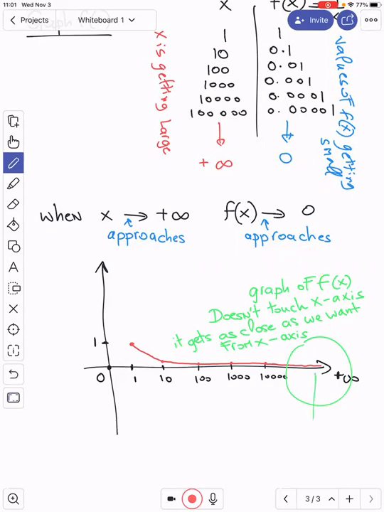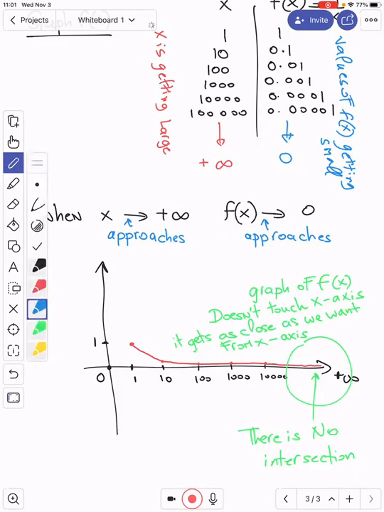So again, guys, be careful here. You don't touch the x-axis. There's no intersection. But you can get as close as you want to the x-axis. There's a difference between touching the x-axis and getting as close as we want to it.